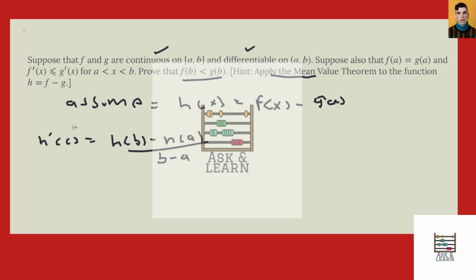And then we can rewrite this because we have h of x, since we assume h of x is equal to f of x minus g of x, we can actually rewrite the left side and the right side. We can write f prime of c minus g prime of c. And since h of b, we can also rewrite that as f of b minus g of b.